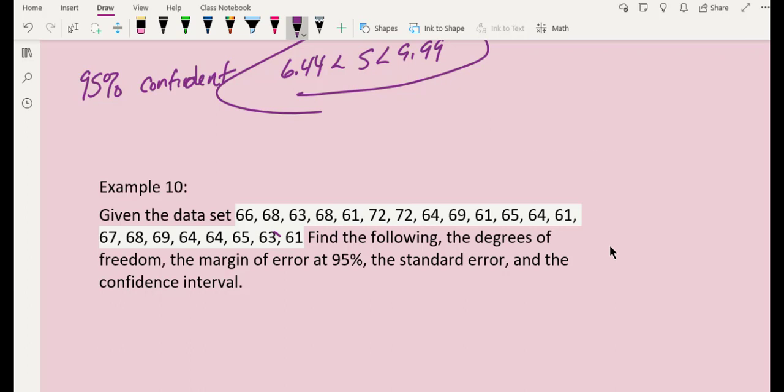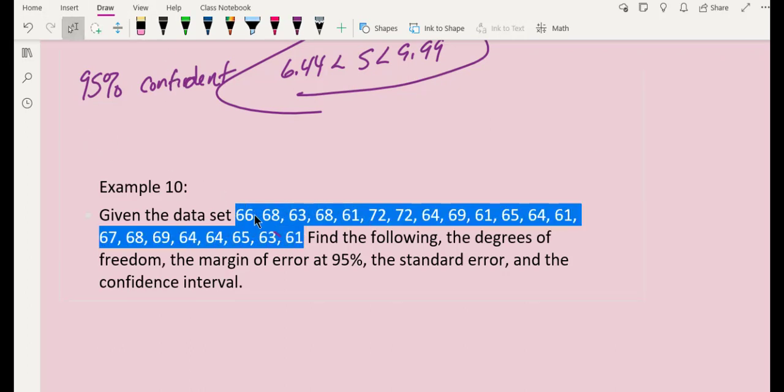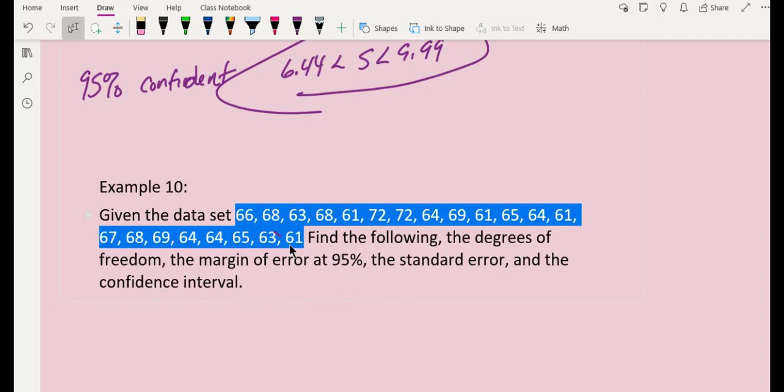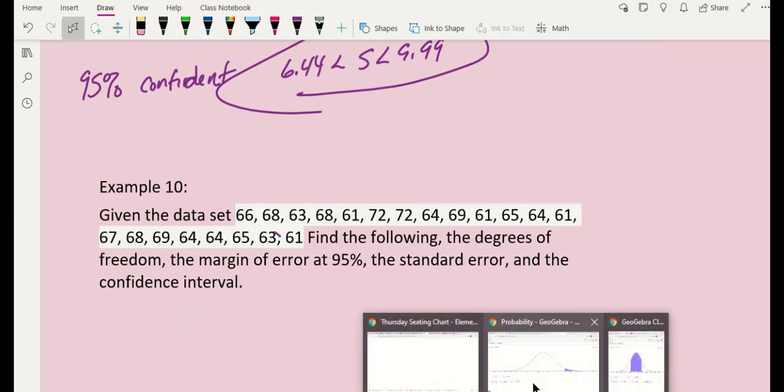We can do it the long way and find out each individual piece of information, right? Now, I am going to teach you another GeoGebra way, all right? You should know both, but this video, I will go through the GeoGebra way of how to find this t-distribution information starting from scratch. We don't know what the mean is. We don't know what the standard deviation is. So let's just start from scratch.